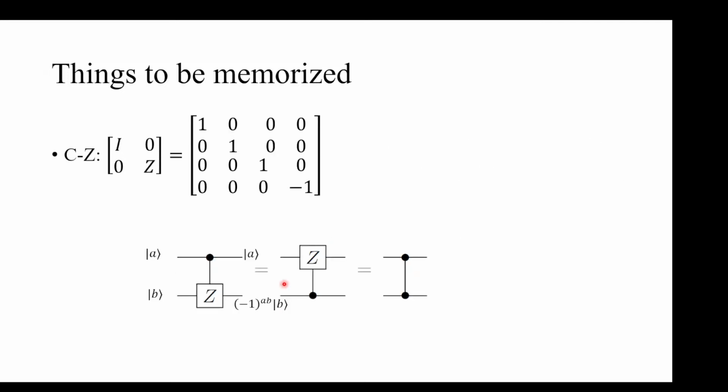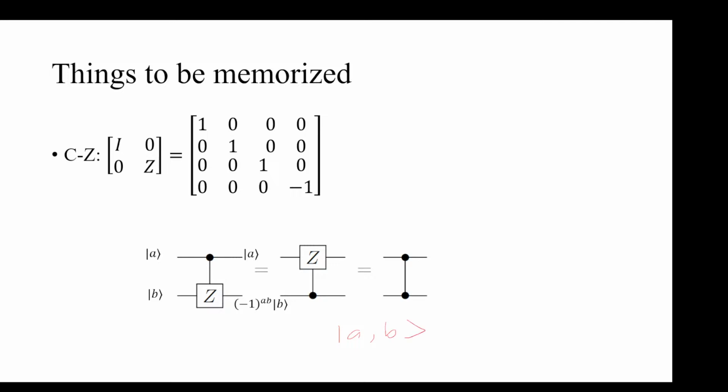Okay. And I guess it can be easily checked from its action on the computational basis state, or you can just read it from the matrix of control Z. So you see that if you have AB as input, then the output will be, okay, maybe in this notation it's more clear.